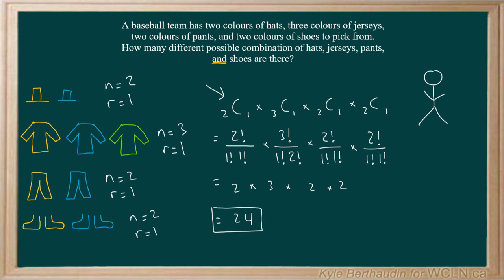So we could just say, hey, we've got 2 options here for hats, 3 for jerseys, 2 for pants, 2 for shoes. We're just going to multiply all of those numbers together. 2 times 3 times 2 times 2. And that gives us the number of combinations we can make with those different objects, which again is equal to 24.